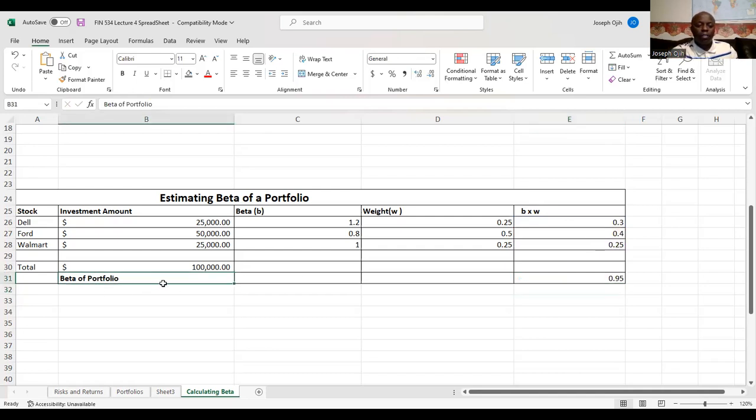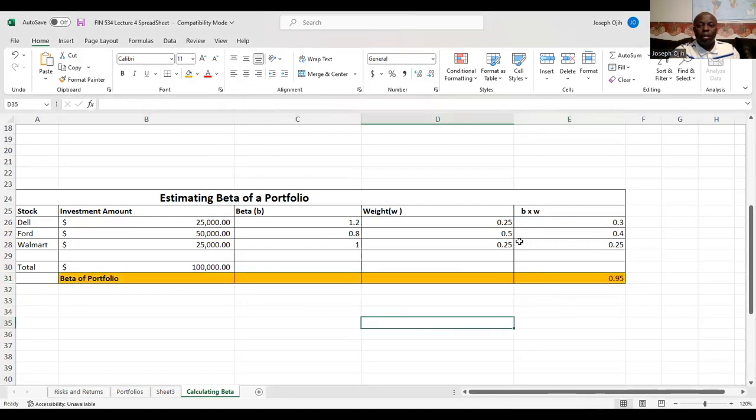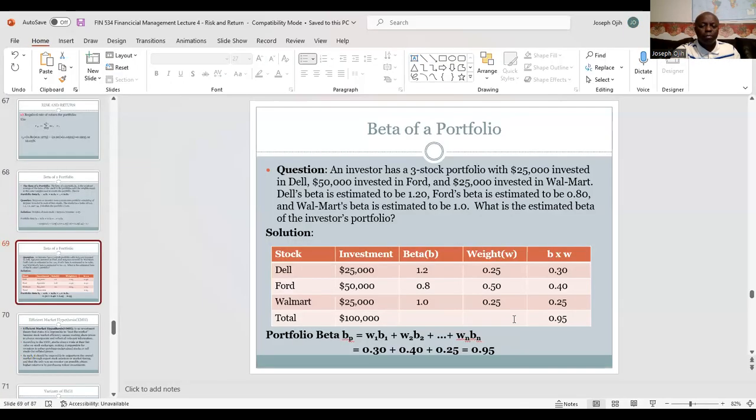It gives 0.95, so the beta of our portfolio here is 0.95. When you click on the answer, you can see the computation done here, and it matches the PowerPoint presentation that I have.